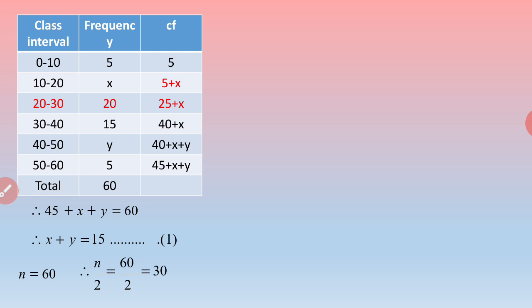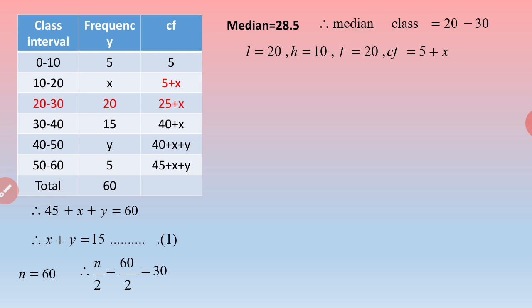But then our median is 28.5, which lies in the class interval 20 to 30. So 20 to 30 is our median class because median will lie in it. With the median class, we can find out L, that is 20, height is the class size, that is 10.